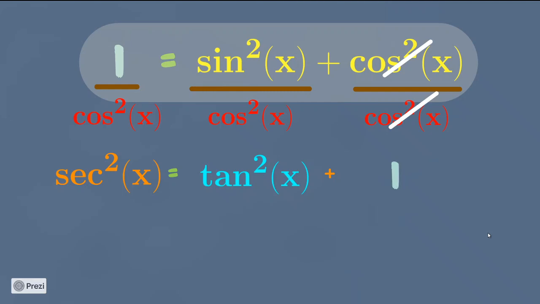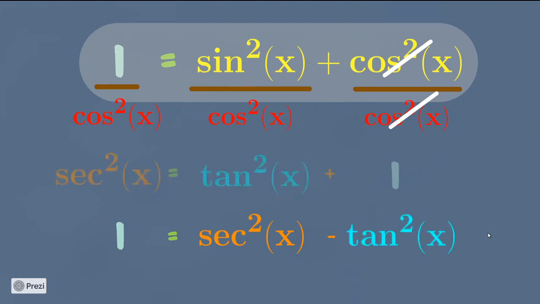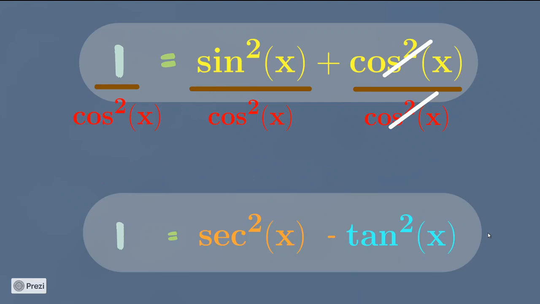Now rearranging it, I'm putting the 1 on the left hand side. So 1 is equal to sec square x minus tan square x. Now this is the second identity that you need to study. You don't have to learn it by heart, just remember the first identity, and I also told you how to find this out.